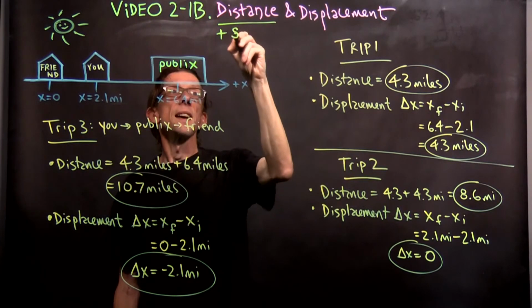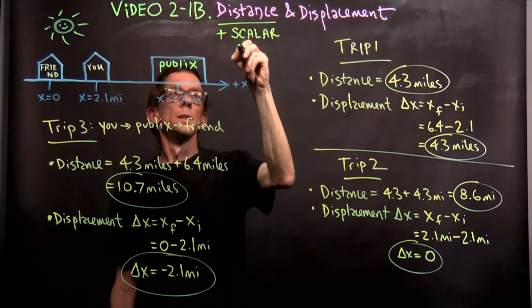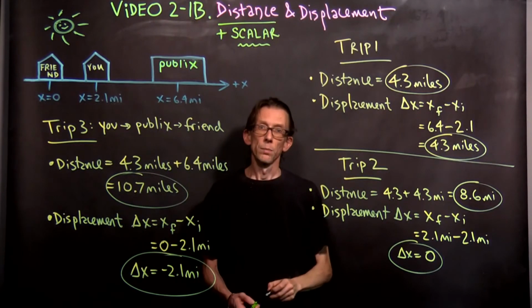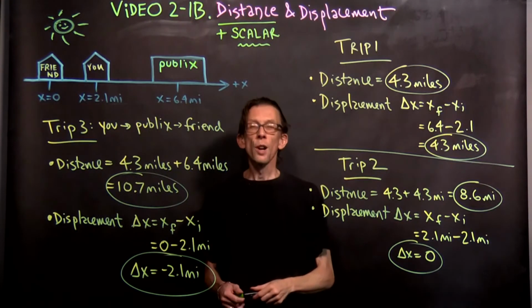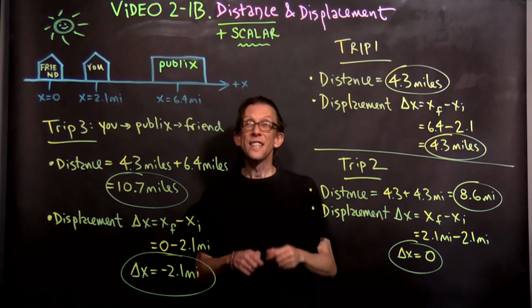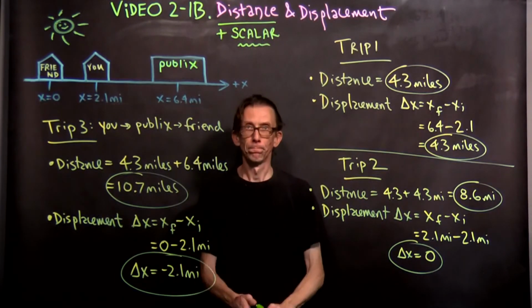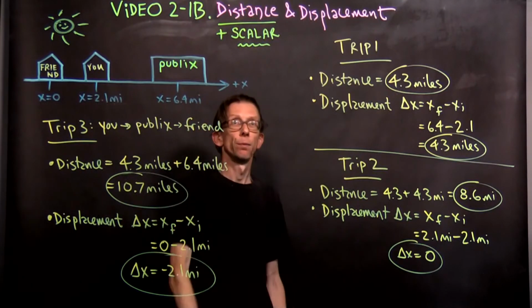Distance is a scalar quantity. If you get in your car and you go anywhere, your odometer goes up. The total length of travel, the distance traveled, is always positive. That is, distance is a scalar and it's always positive.